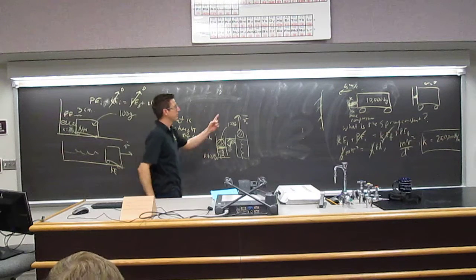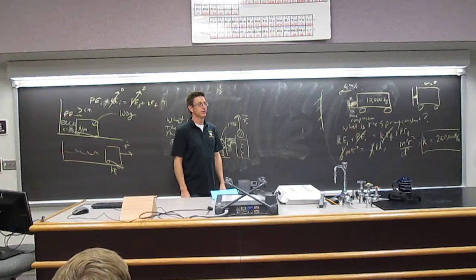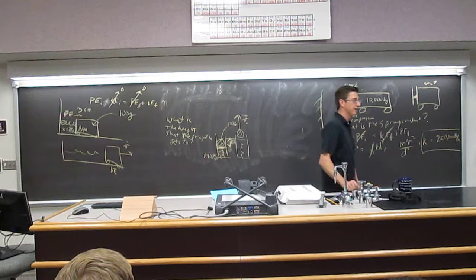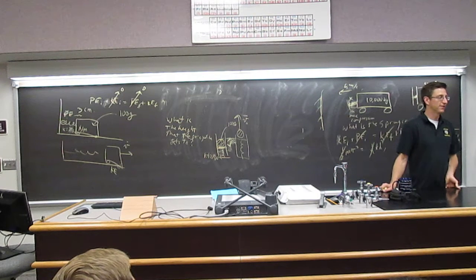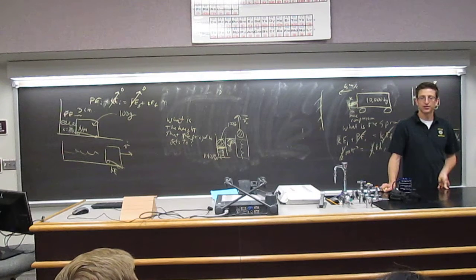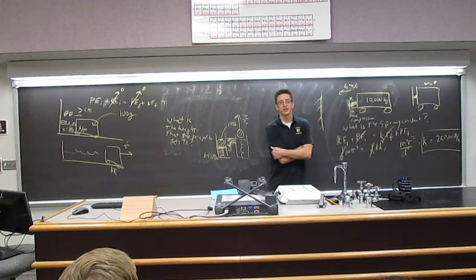So when it gets up to its maximum height, what's the speed of the ball? Zero. Right? So it has some sort of potential energy, doesn't it? mgh. Let's talk about height above this point here, height above its initial position.